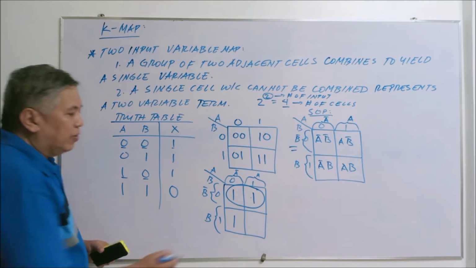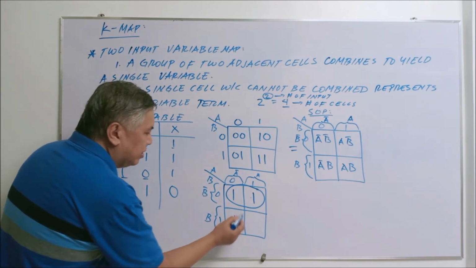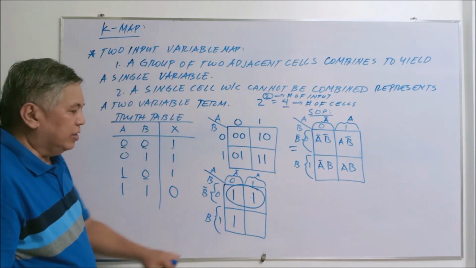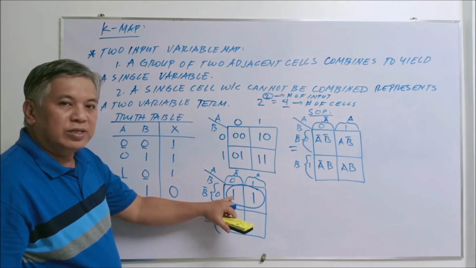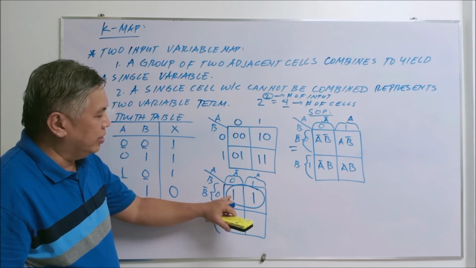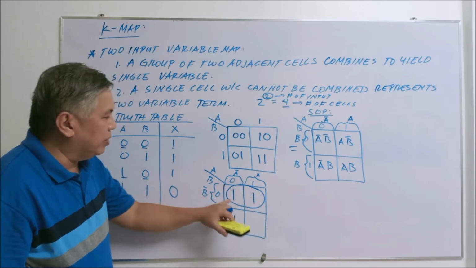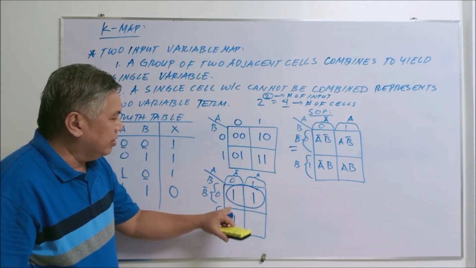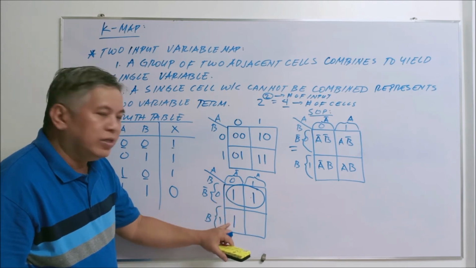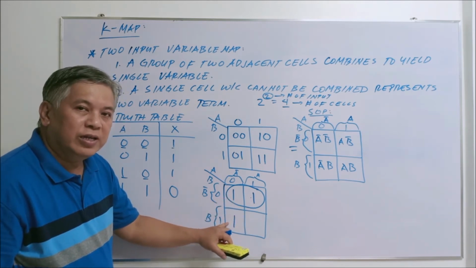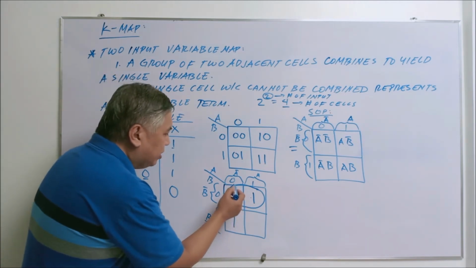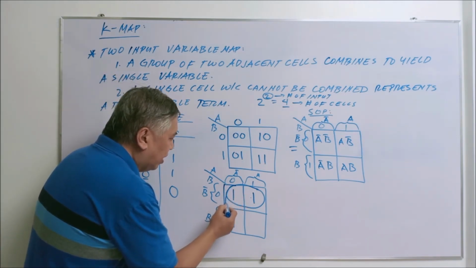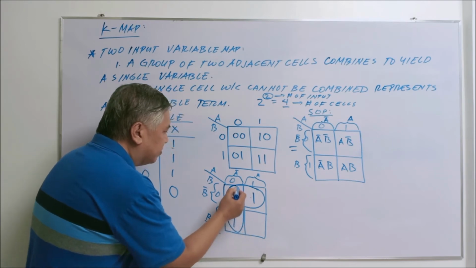Now, what is remaining is this particular cell, and this cell here is still adjacent to this cell, even if this cell here has been grouped in this particular manner. But since this cell is still adjacent to this particular cell and this cell has not yet been grouped, we make use of this cell for our grouping also.